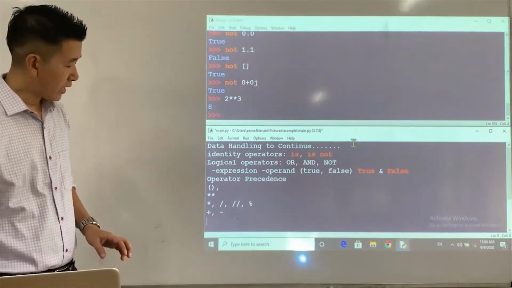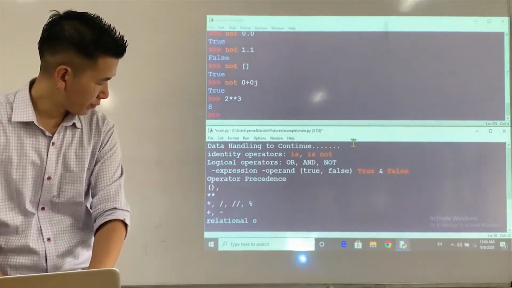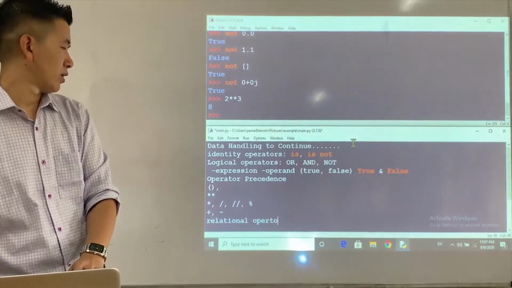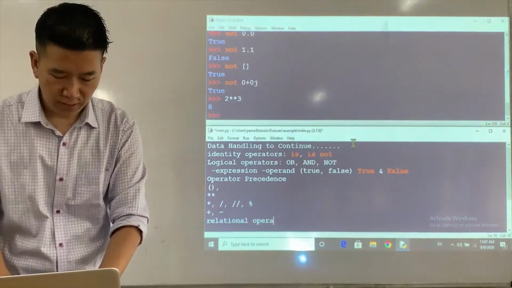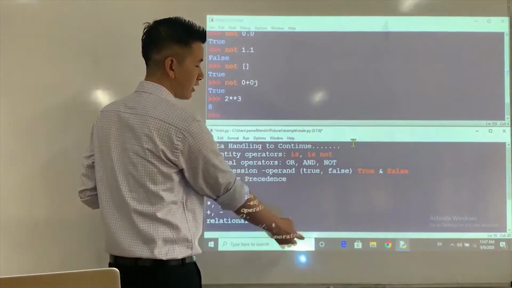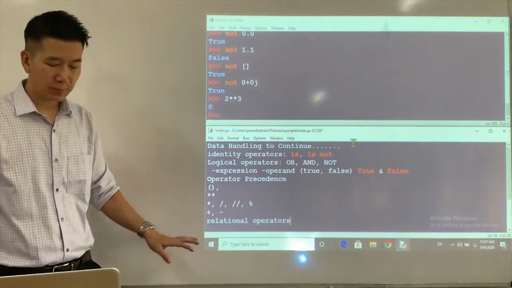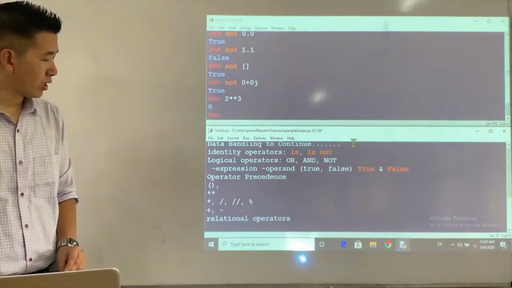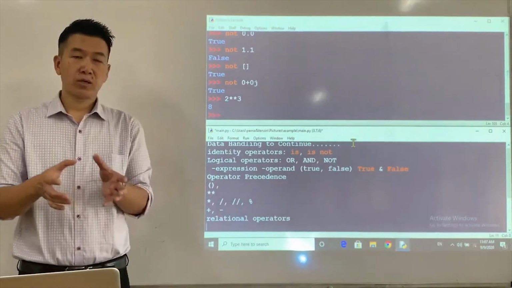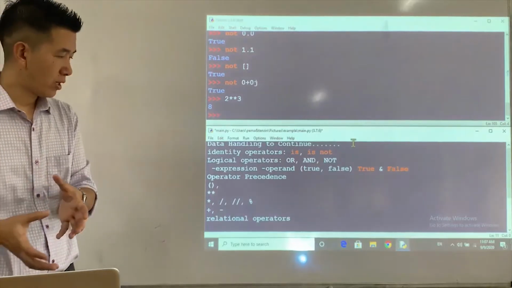And then you will have the rest of the relational operators, which means the greater than, less than, equal to, not equal to. They all come after the plus and minus. Then you have the logical operators. There are 3 logical operators: and, or, and not.